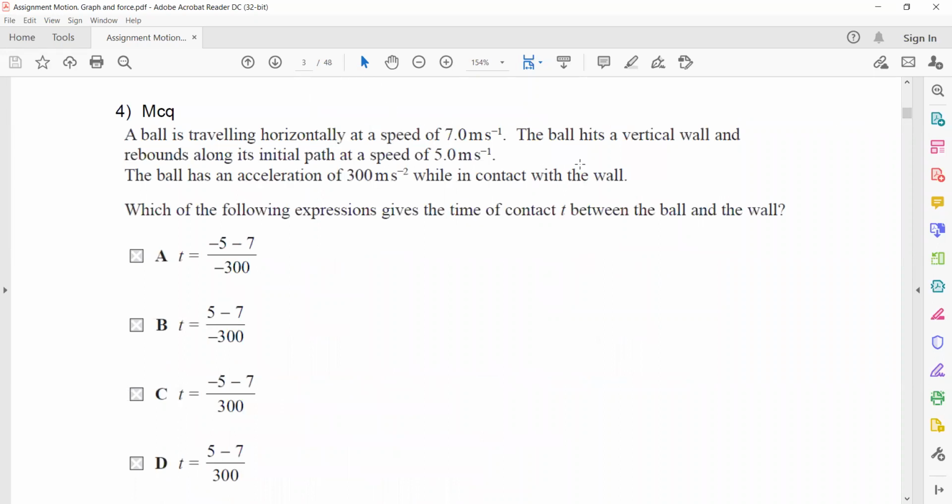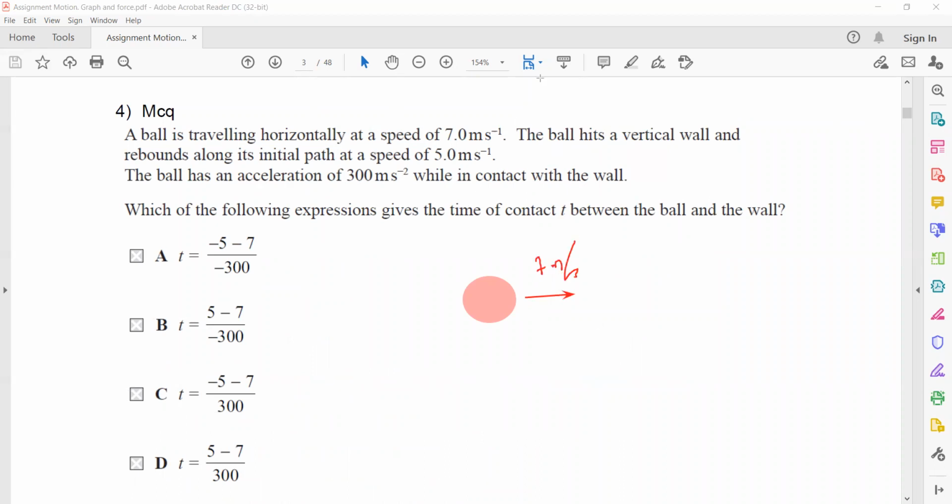In question 4, a ball is traveling horizontally at a speed of 7 meters per second. It hits the vertical wall and it rebounds. So initially the ball is traveling at a speed of 7 meters per second.